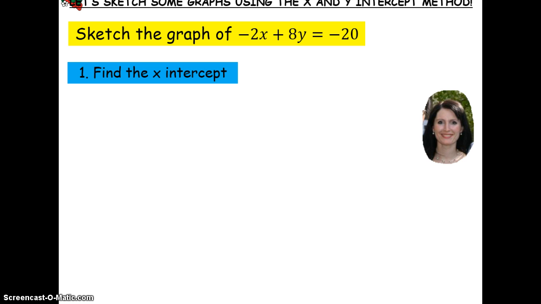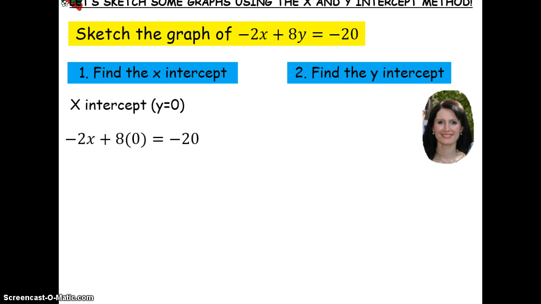So step 1, let's find the x-intercept. What do you remember about the x-intercept? Well, at the x-intercept, y = 0. Let's now substitute y = 0 into the equation. So 2x + 8(0) = -20, notice how I use brackets.